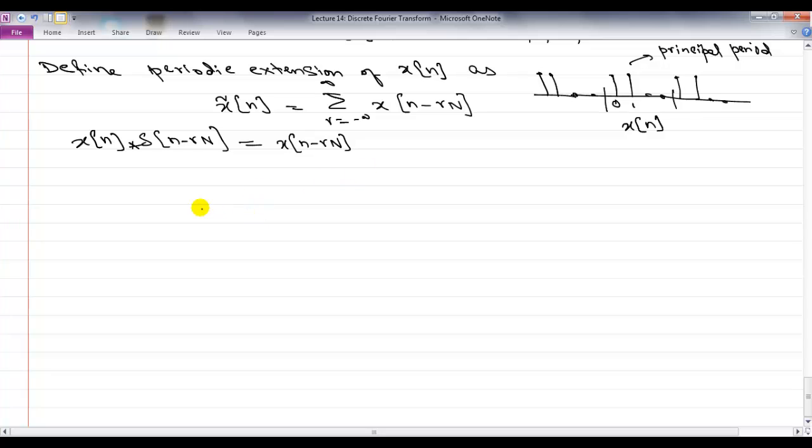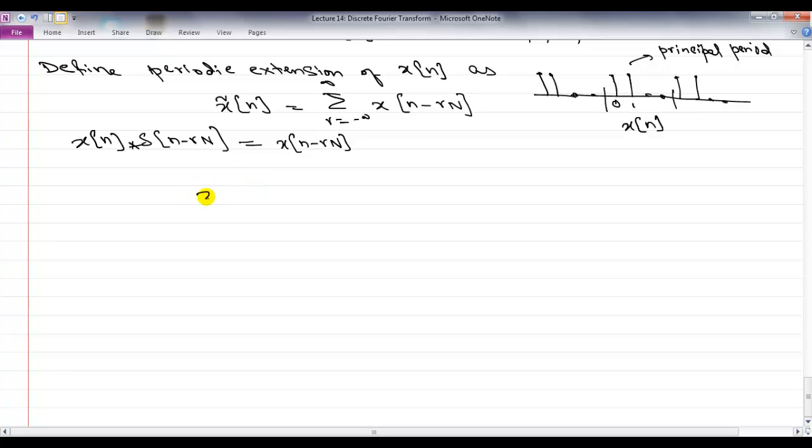So I can write this periodic extension as follows then. Instead of writing x of n minus Rn, I can also write it as convolution with a periodic impulse train.